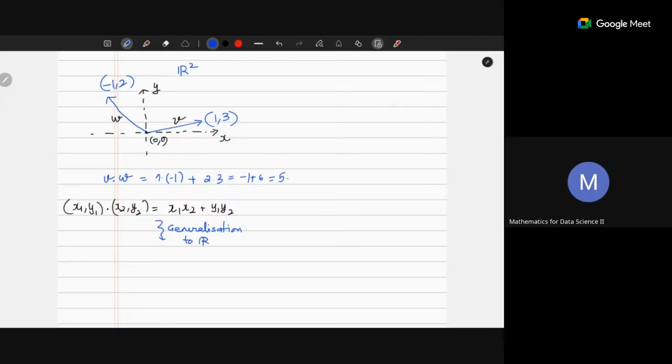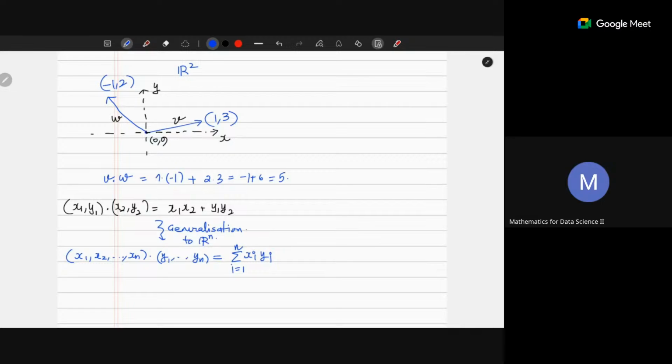In particular, if we have two vectors x1 up to xn and y1 up to yn, then the dot product is defined to be the sum of the coordinate-wise multiplication.